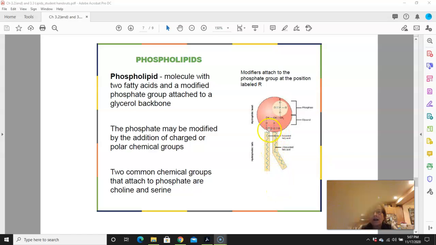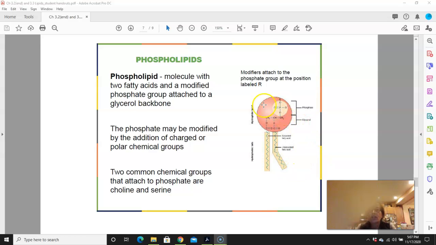And these are attached to this glycerol again. Do you see glycerol in here? Here's glycerol, the 3 carbons. But notice there's only 2 of them that are attached to this glycerol. The third carbon on glycerol is attached to this group we call phosphate, and phosphate's one of those functional groups that's hugely important.